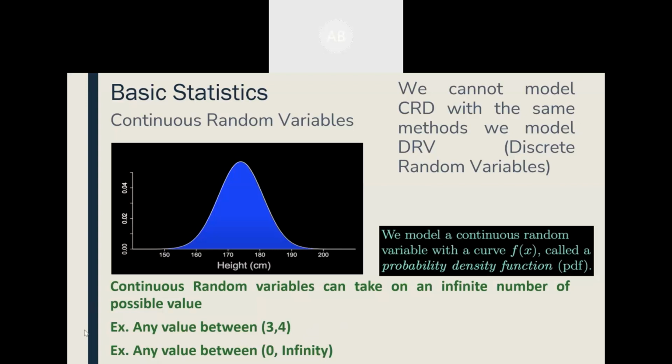So in order to model the data set, we cannot model a continuous random variable with the same methods that we model a discrete random variable. The tools in our hand will be different.